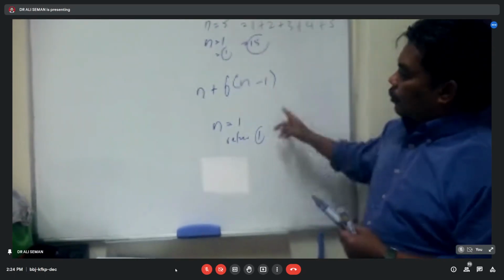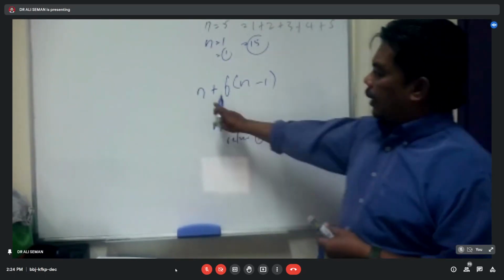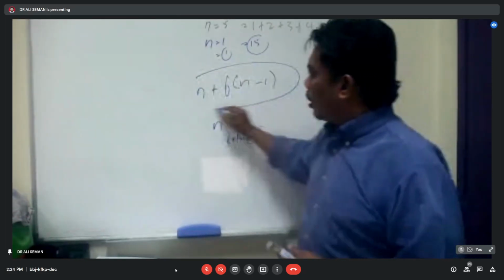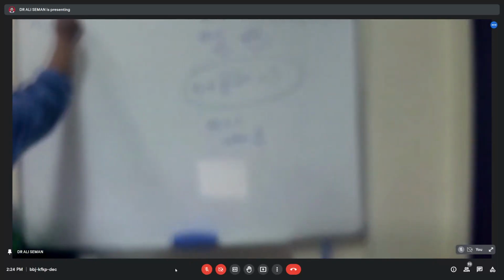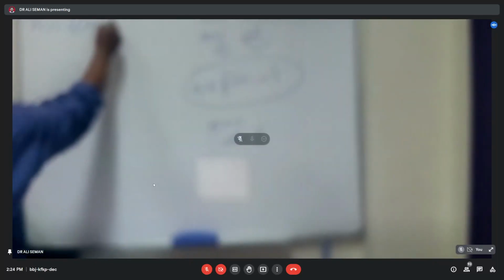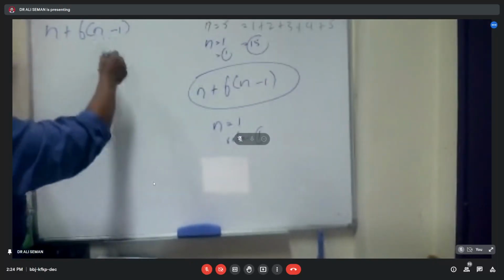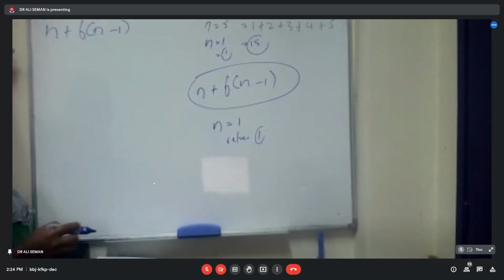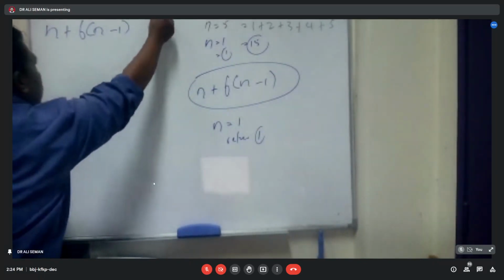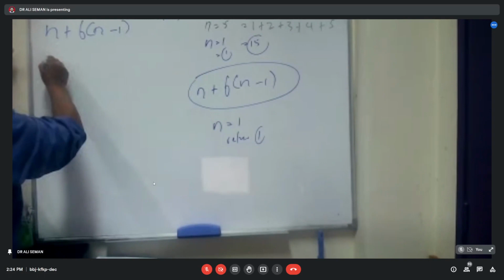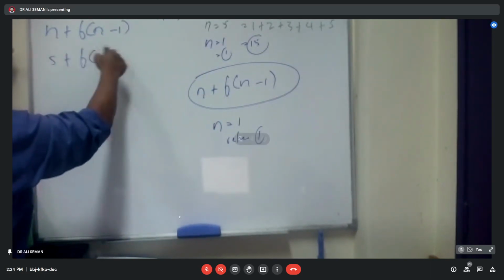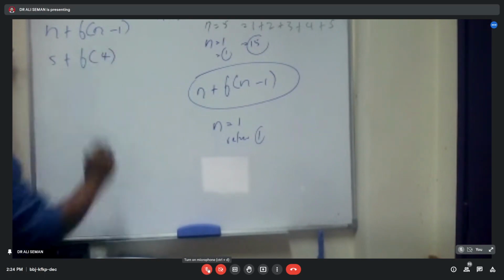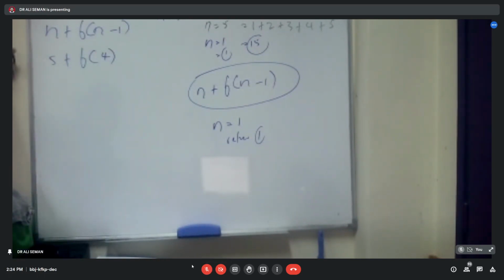So when we do this, our formula is n plus function n minus 1. This is a recursion, n minus 1. Let's say n equal to 5. So we have 5 plus this function n minus 1. 5 minus 1 becomes 4, correct?